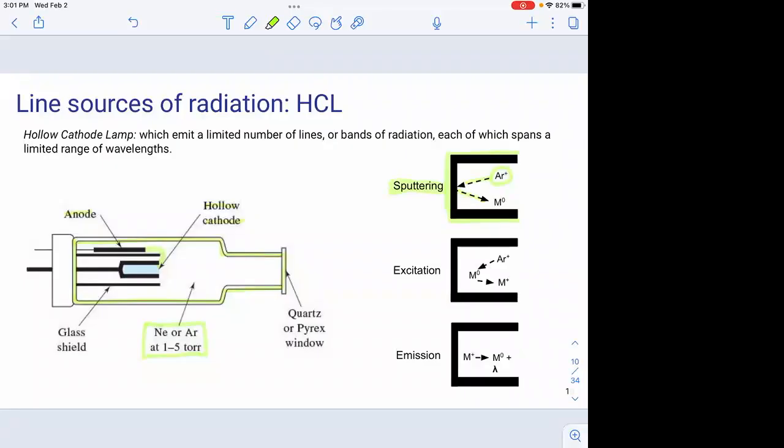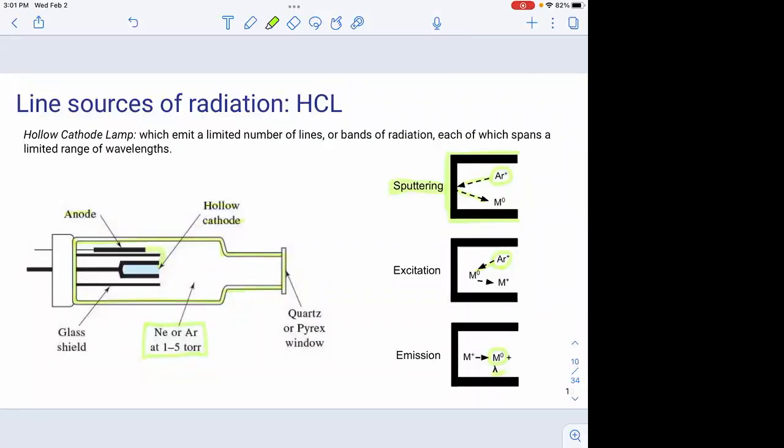The gas still has some kinetic energy, right? Other atoms will still have that kinetic energy. So if those interact with your dislodged metal, they'll take on charge, become excited, right? And then when that metal returns back to ground state, it will produce a photon of a particular wavelength.